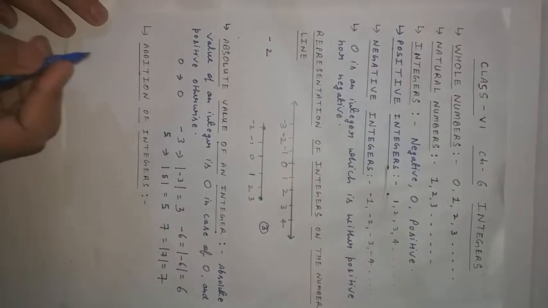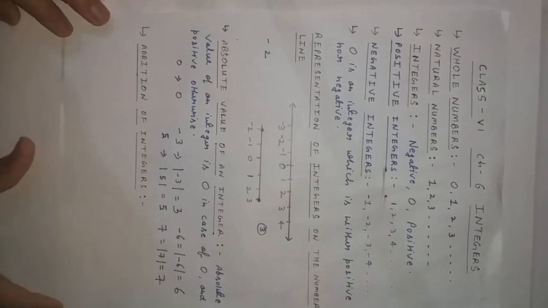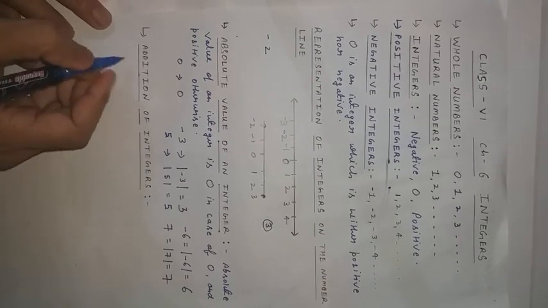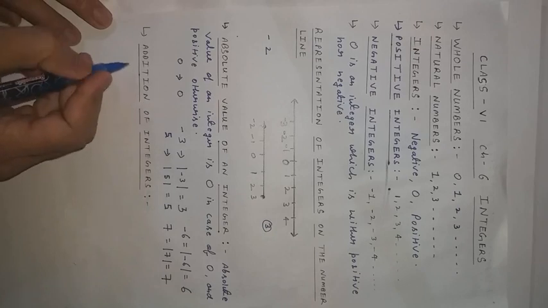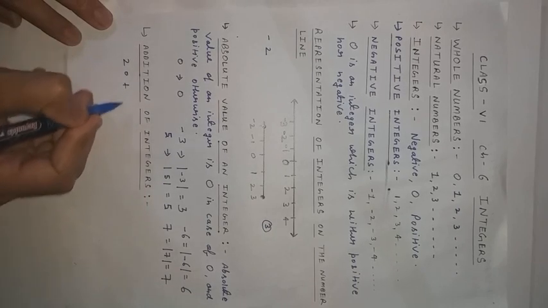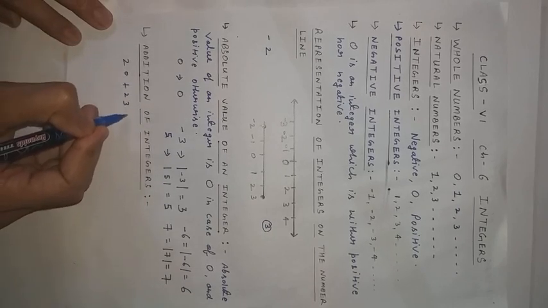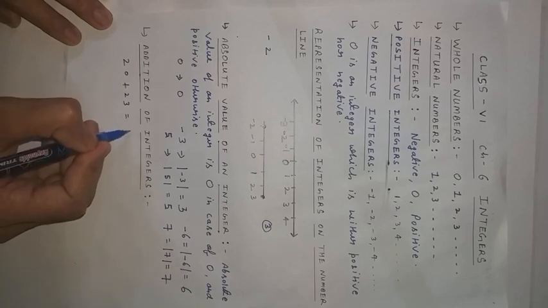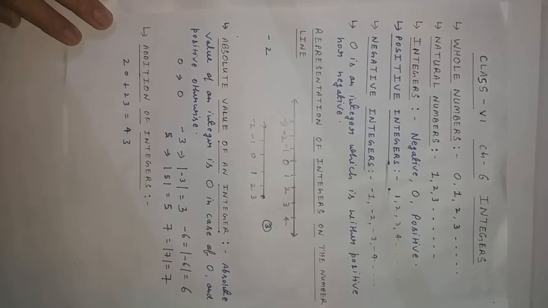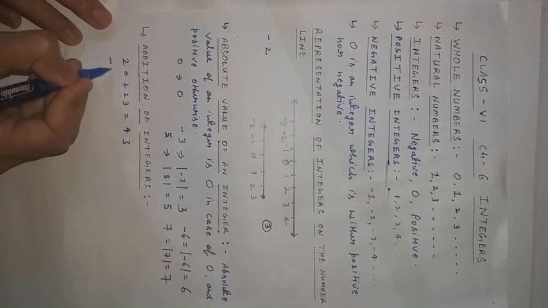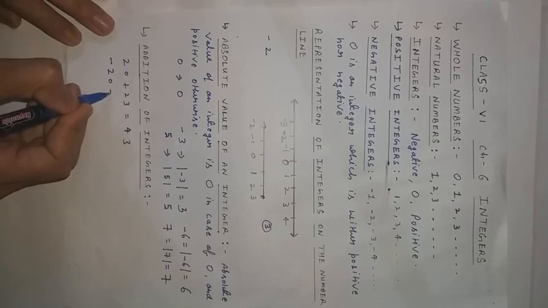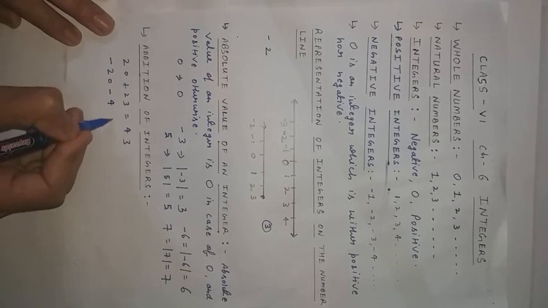Now how will you add, students? If I take a simple addition, 20 plus 23, you know that it will come 43. Clear, students? Now if you have to add -20 minus 4, how will you add?